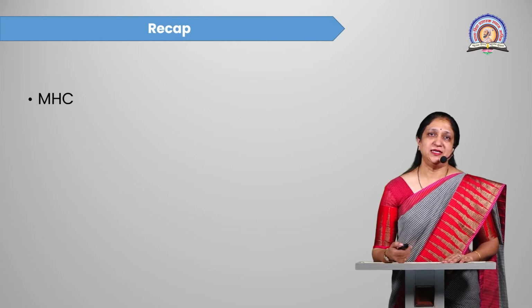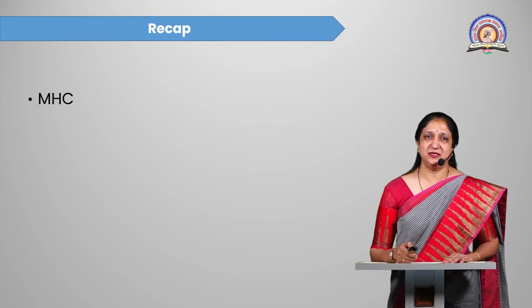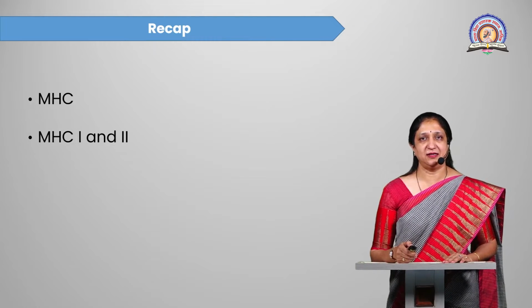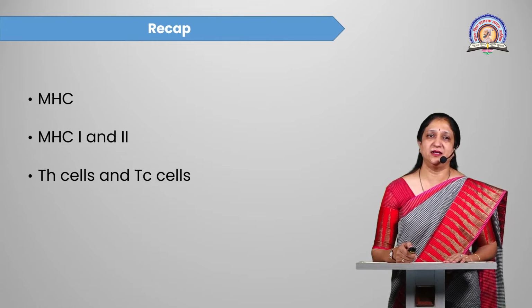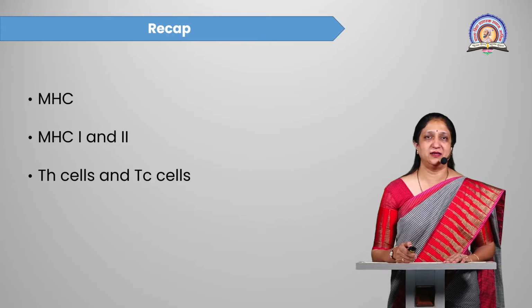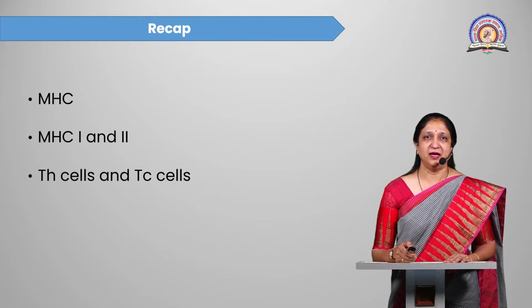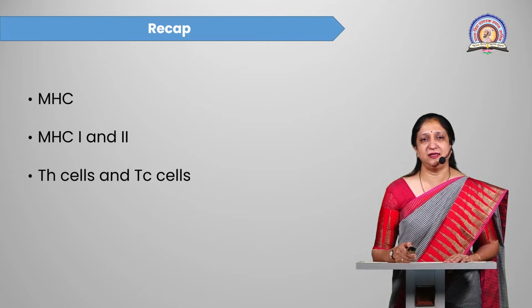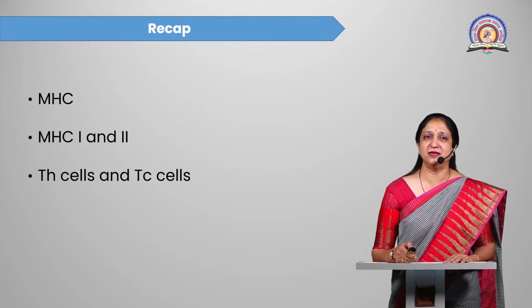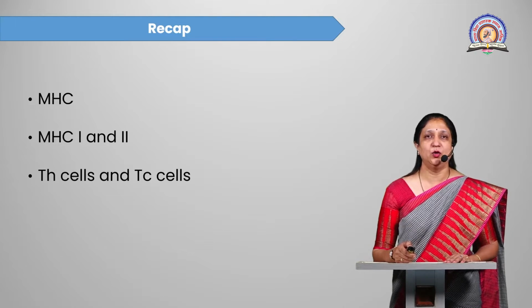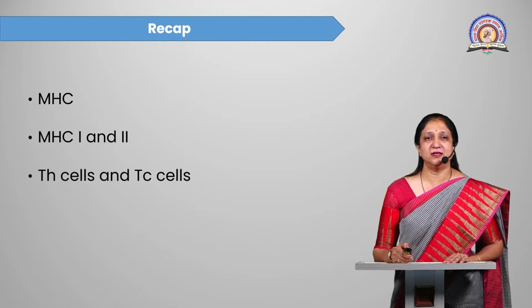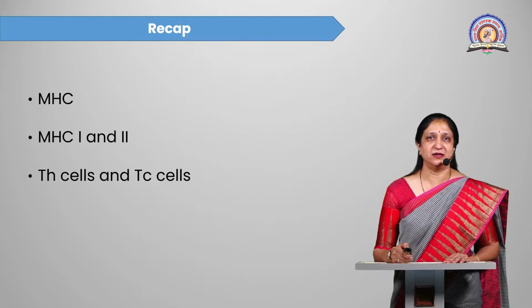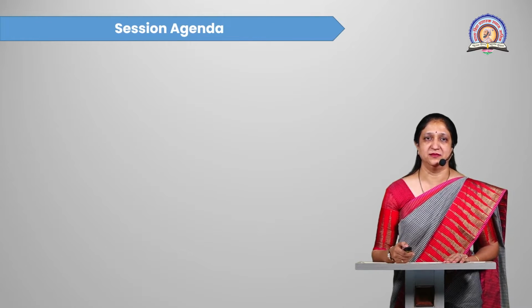We have already studied the structure of MHC, in which we have seen that there are two different types of complexes, the MHC class 1 complex and the MHC class 2 complex. And we have also studied in detail that the T cells are self MHC restricted, where the T helper cells are class 2 MHC restricted, while the TC cells are class 1 MHC restricted.